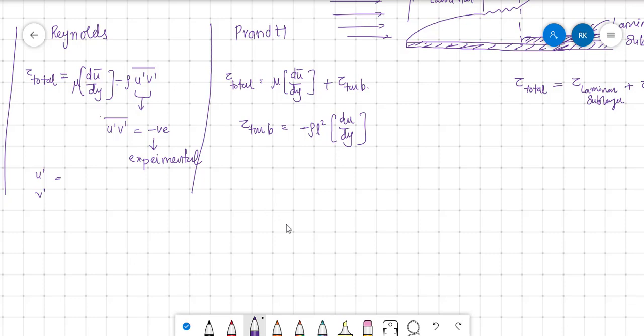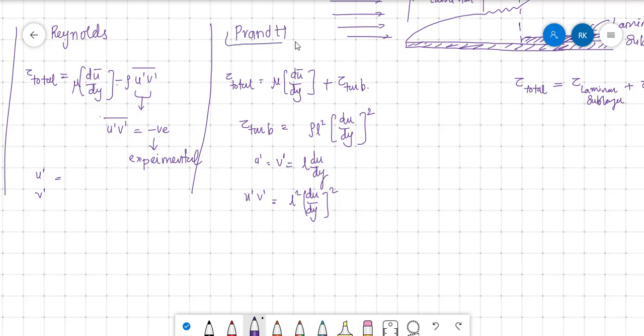Sorry, it is not minus, just rho L square du by dy. He gave that u dash is equal to v dash is equal to L into du by dy. So substituting this in u dash v dash, that will be L square du by dy whole square. So here it is squared.